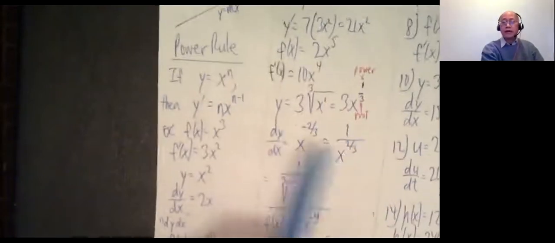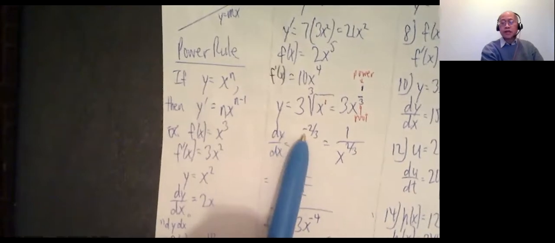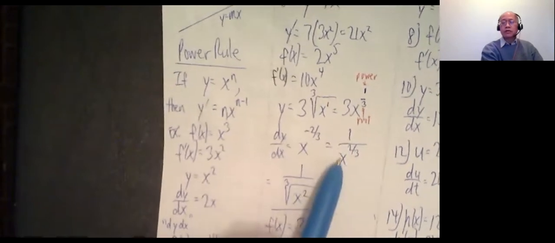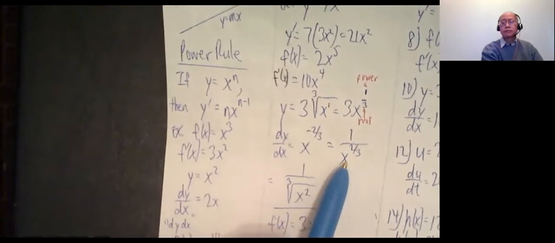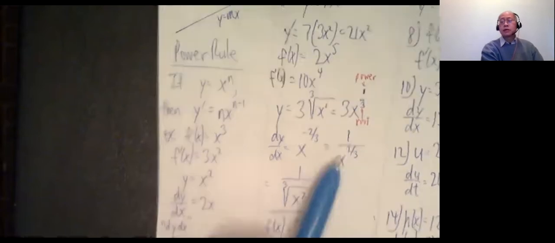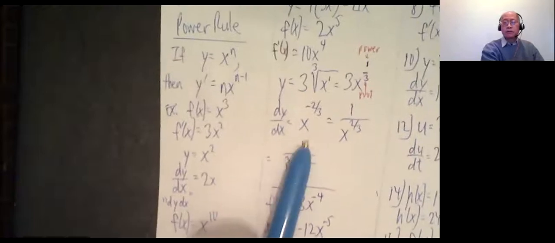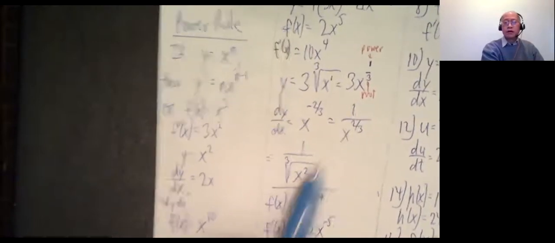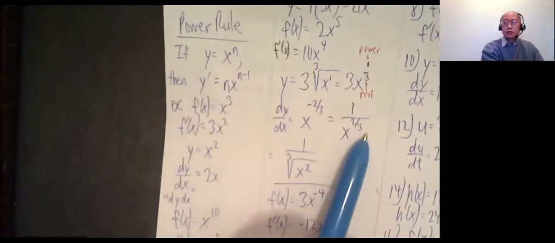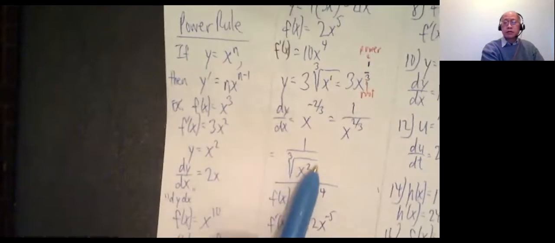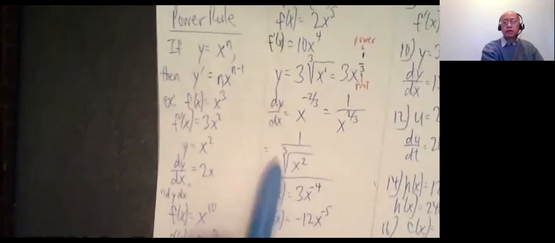Okay, and then you can rewrite that. We're not supposed to leave our answer with negative exponents. So 1 over x to the 2/3. Okay, I'll accept it like this, but if you want to rewrite it back as a radical, 1 over cube root of x². Remember, this is the power, this is the root, so the root is 3, the exponent is 2. So you can also write 1 over cube root of x².